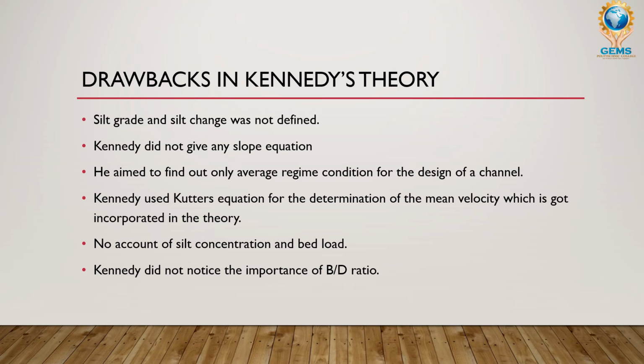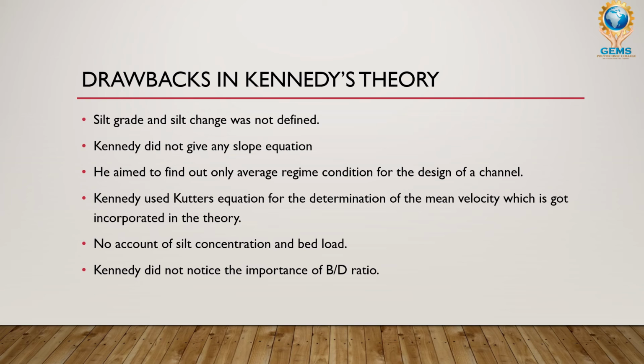The third one is that it was aimed to find out an average regime condition for the design of a channel, but a regime formula was not adopted in this theory, so it is a drawback. The fourth point is that Kennedy used Kutter's equation for the determination of the mean velocity, which is incorporated in the theory.